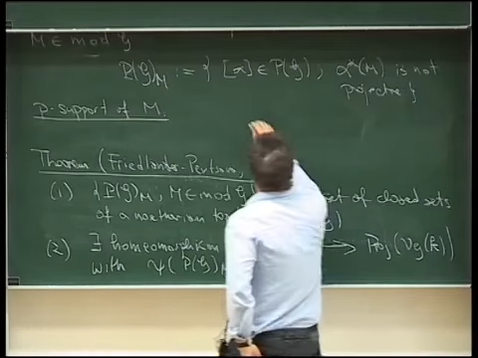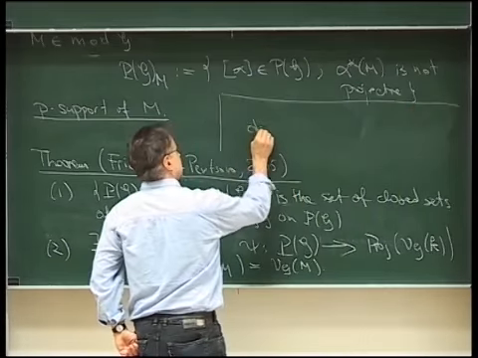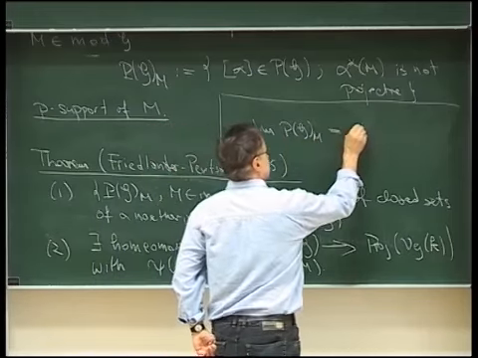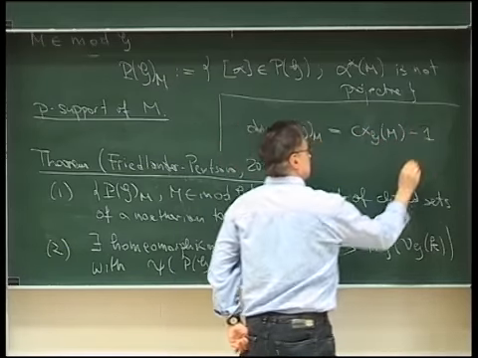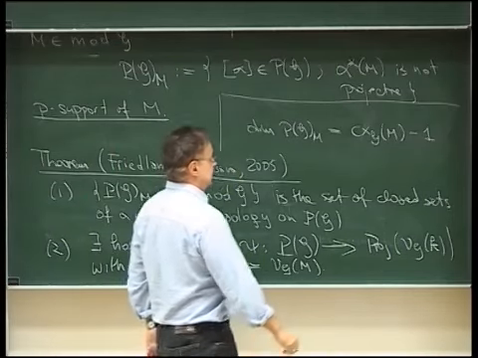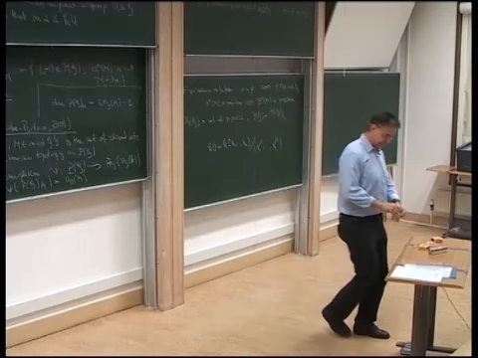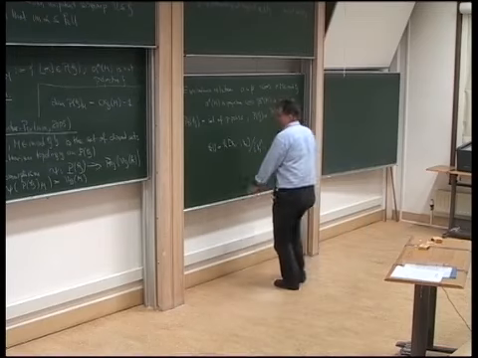So one thing that you get from this is that the dimension of P_G(M) is equal to the complexity of the module minus 1. You recall that the complexity of a module is the polynomial rate of growth of its minimal projective resolution. Okay.